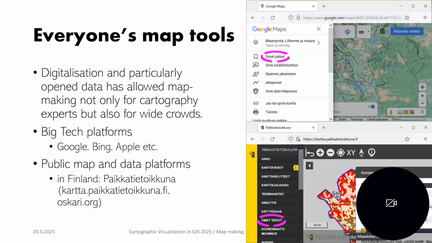So crowdsourcing is in that direction as well. And well, in Finland we have this paikkatietoikkuna, and based on this oskari.org map platform, developed free and open source originally in the National Land Survey of Finland as well.